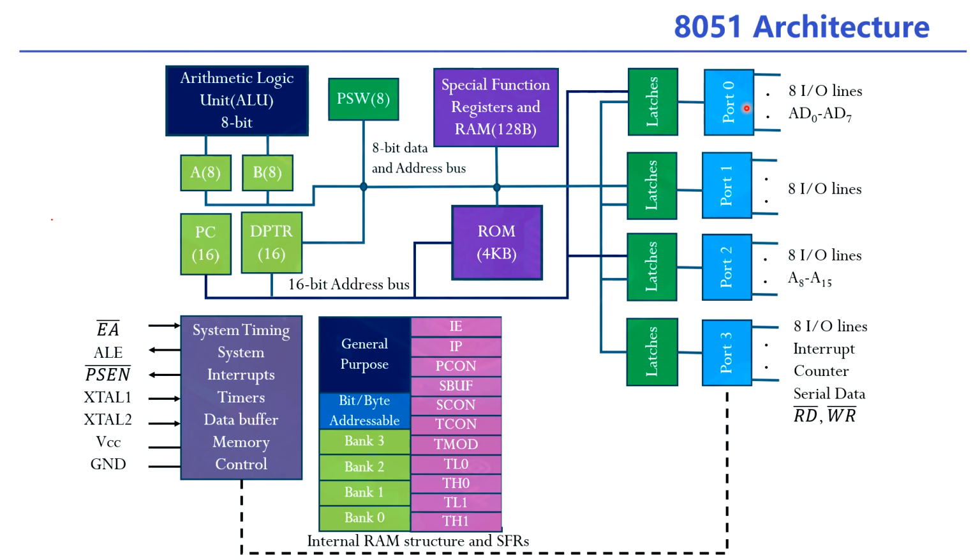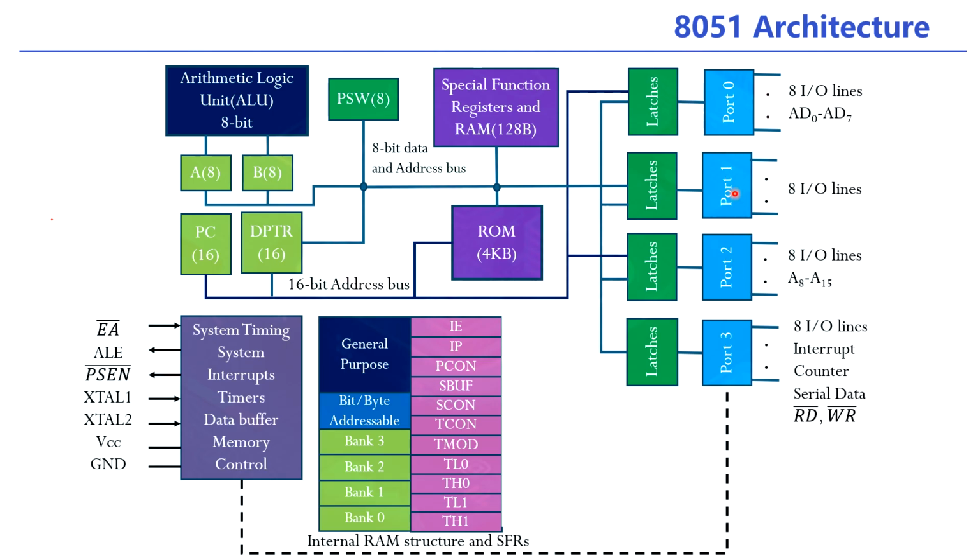Each port has 8 input output lines. Port 1 also has 8 input output lines. Port 2 also has 8 input output lines. Port 3 also has 8 input output lines. Next thing we can use as port 1. One most important thing.